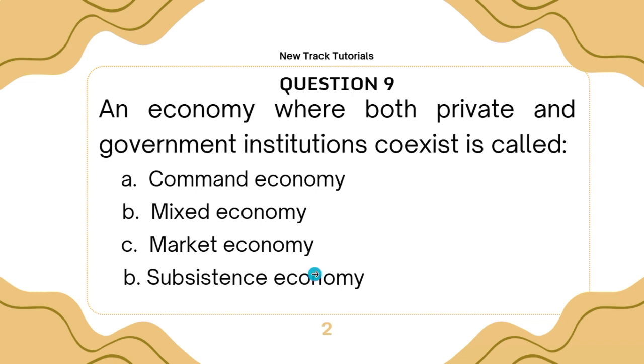They also oversee the type of industries that operate within such an economy, and that is the command economy. So in this concept, what we are talking about is the mixed what? The mixed economy, an economy where both private and government institutions coexist. So the correct option is B.